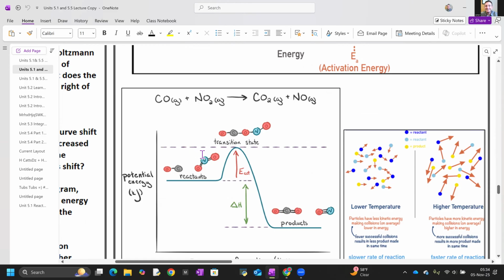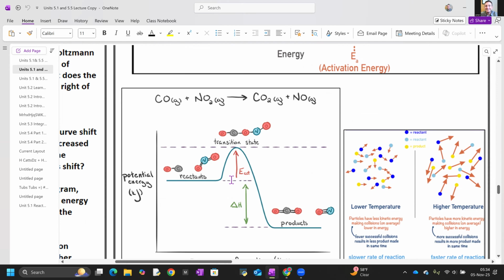However, if that carbon were going to collide with the nitrogen of that same molecule, then we would say the orientation is not correct. And so even if it had enough energy, it wouldn't be a successful collision. But we're not talking about orientation here as much as we are talking about energy of activation.